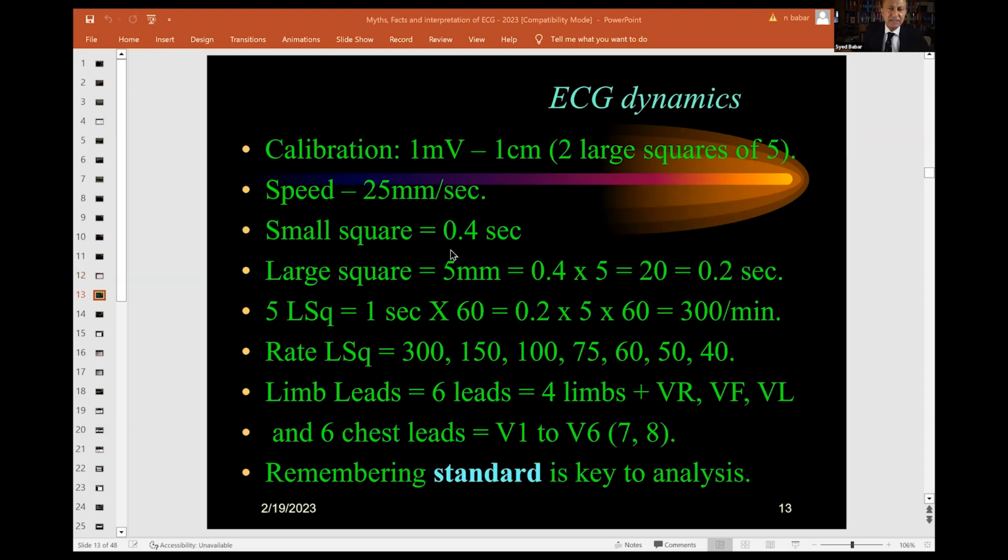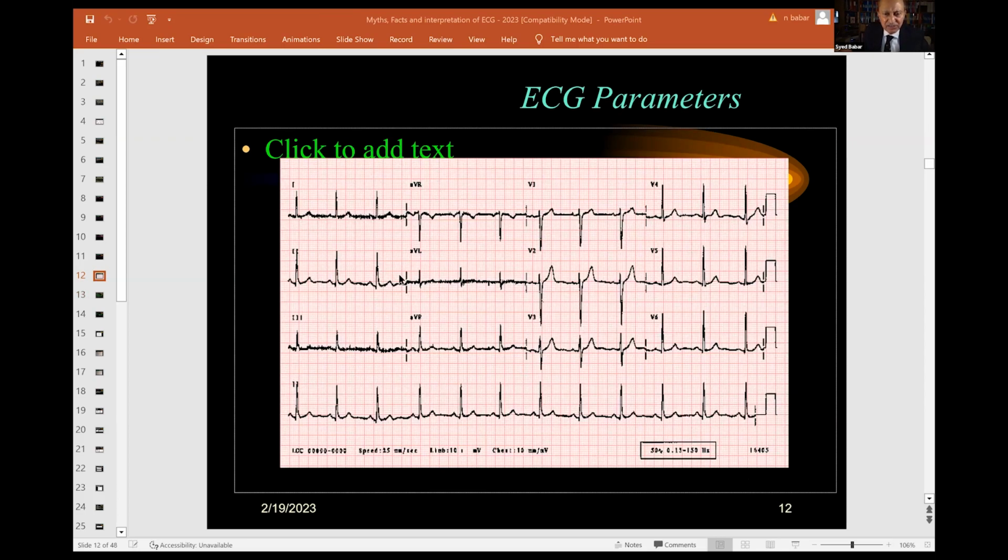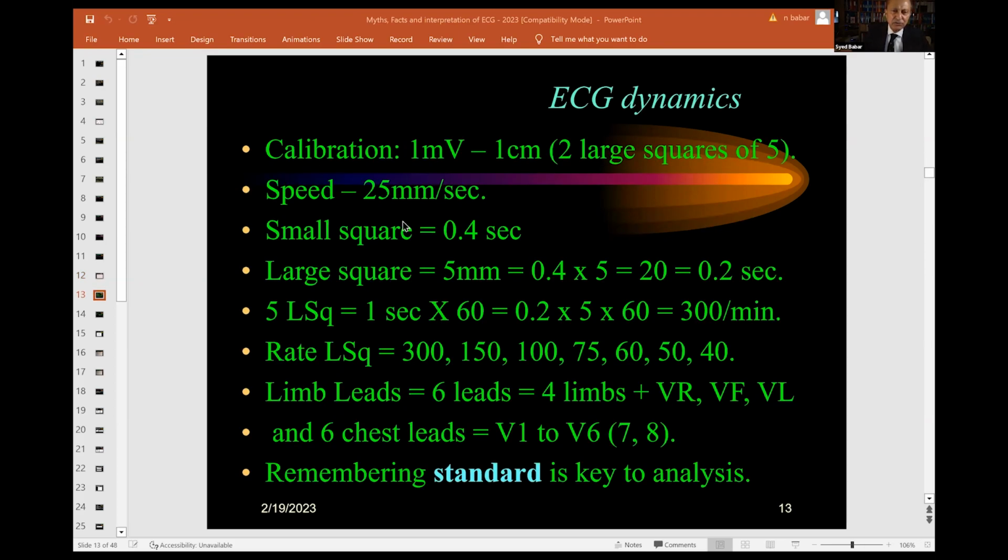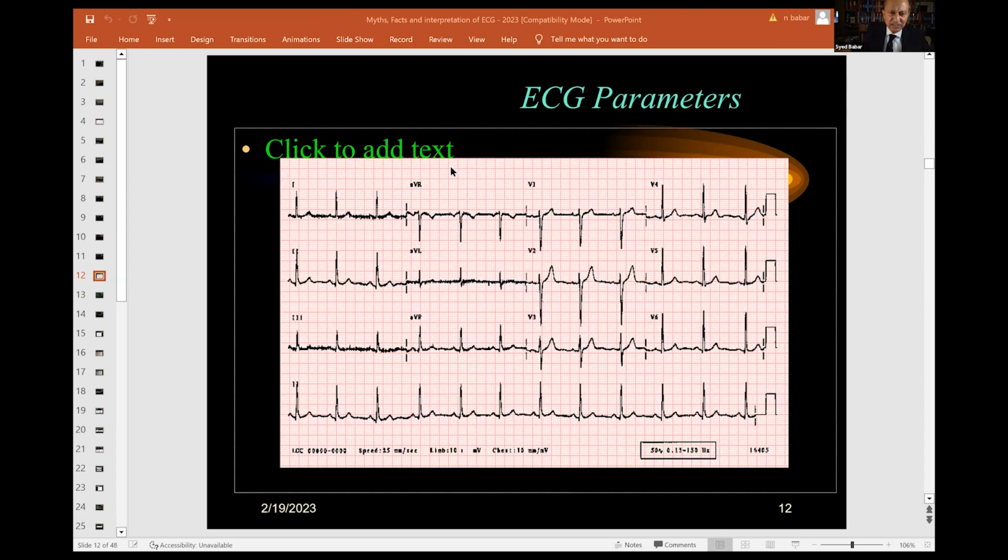The ECG travels at the rate of 25 millimeters per second, and the calibration is such that 1 millivolt will lead to 2 of the 5 large boxes.